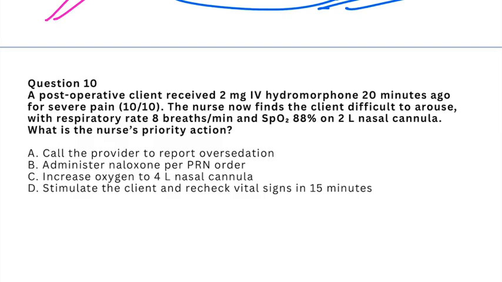Okay, so let's look at our last question. A post-operative client received 2 milligrams of hydromorphone 20 minutes ago for severe pain. So it's 10 over 10. The nurse now finds the client difficult to arouse with a respiratory rate of 8 breaths per minute and O2 sat of 88% at 2 liters nasal cannula. What is the nurse's priority action?